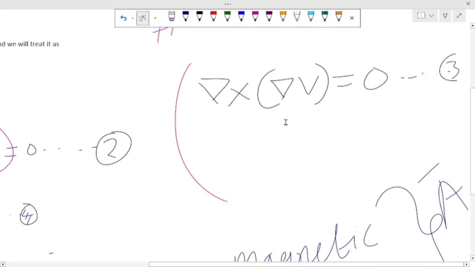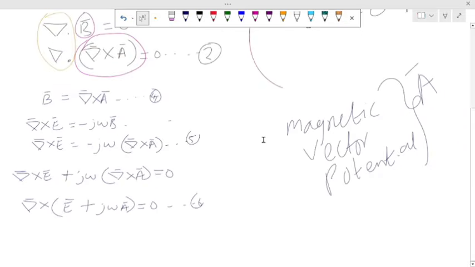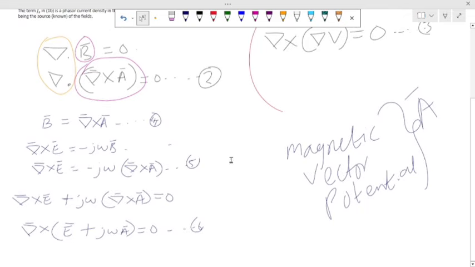Okay? Now, with this being said, look at this thing carefully. Curl of this equals 0, right? Now, just look at the equations. What does it look like? Curl of everything here equals 0. Is that not so? Look at our equation 3.